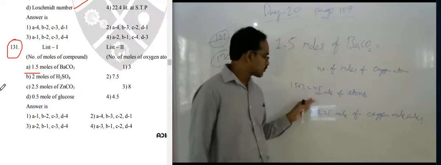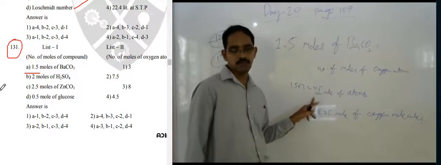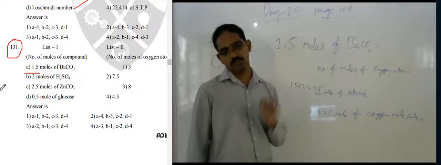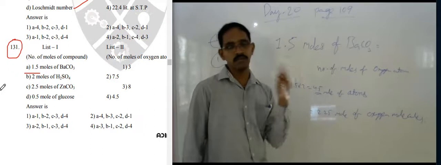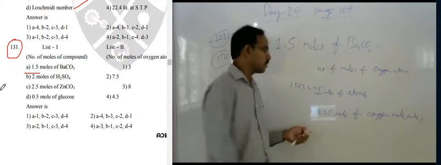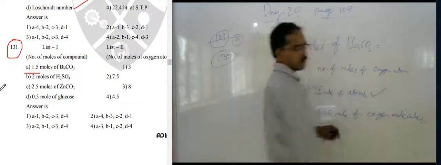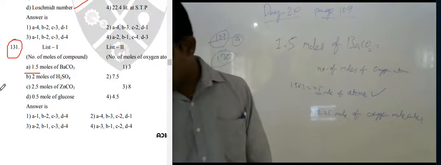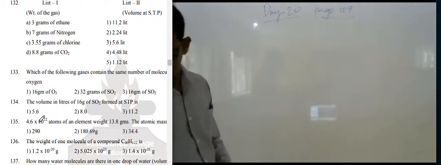That's why I am dividing by 2. If it is tetraatomic, divide with 4. Triatomic, divide with 3, after getting atoms. Okay, got it? Like this you can do. 131 over, 132. Listen carefully. Next B and C you have to do.